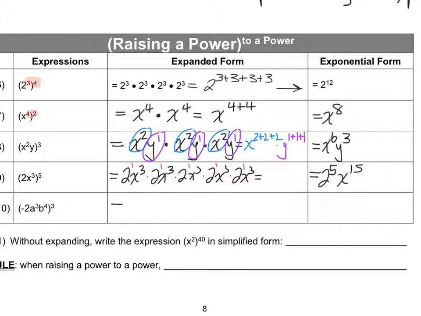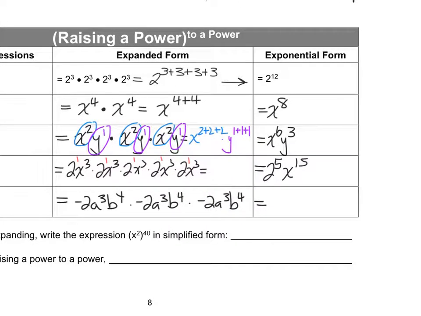All right, so then the last one, negative 2a cubed b to the 4th times negative 2a cubed b to the 4th times negative 2a cubed b to the 4th. So in exponent form, negative 2 cubed, a to the 9th, b to the 12th.